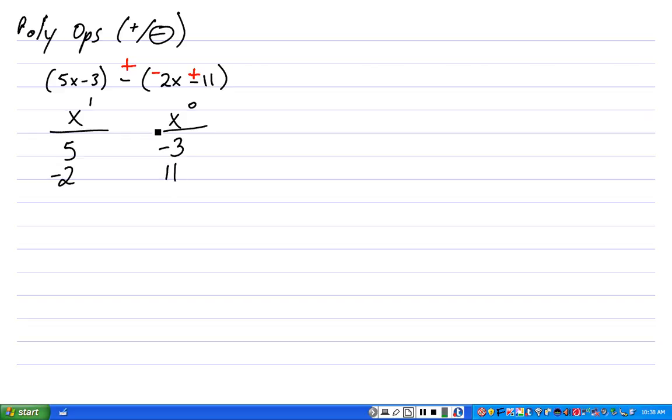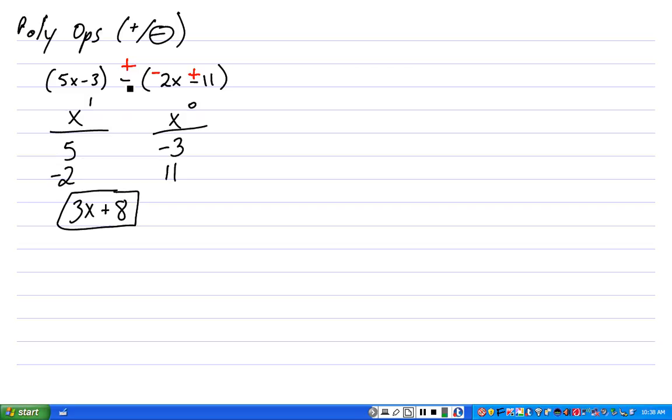So when we combine, 5 minus 2 is 3x, negative 3 plus 11 is a positive 8. So that would be your answer. So all we're really doing is basically turning subtraction to addition, and we're able to do that by changing the signs of all the terms in the polynomial that follows the minus sign.